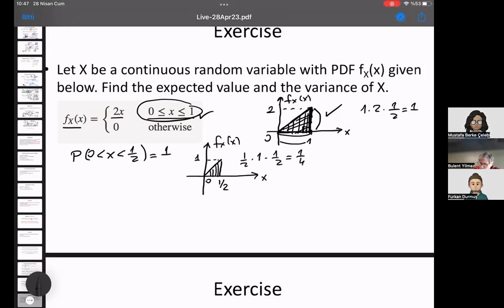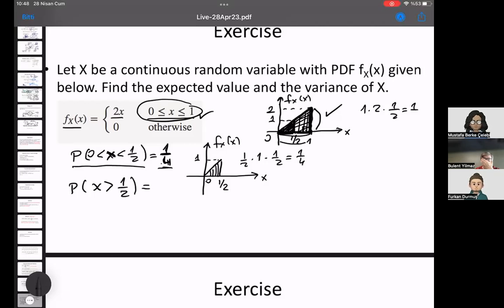So the probability is 1 over 4. The whole area is 1. Only 1/4 of it is between 0 and 1 over 2. So the probability of obtaining a number between 0 and 1 over 2 is 1 over 4. Is this clear, guys? What's the probability of x greater than 1 over 2?